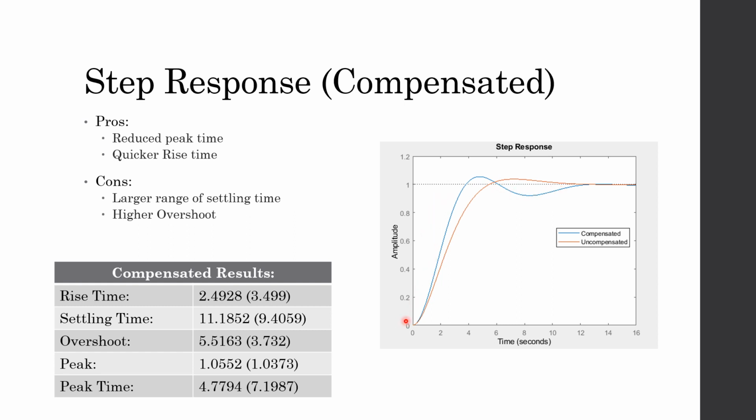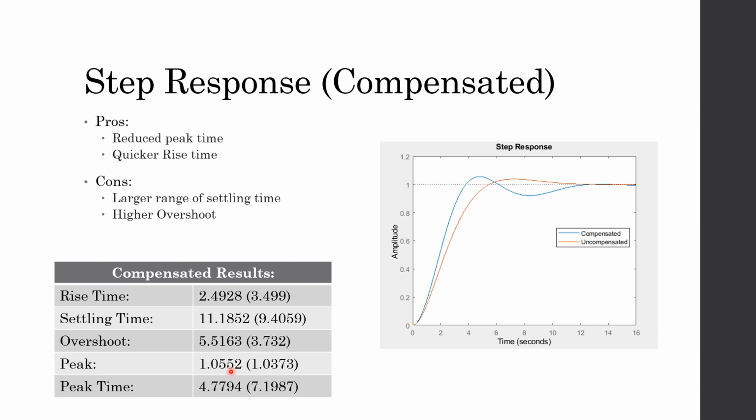But that reduced peak time, as you can see, this rise time, how fast it goes from this angle here, the slope here, and then the peak time is that maximum peak here, how long it takes to get to that peak. So you can see here it goes down to 4, and then for the uncompensated, it was around 7.